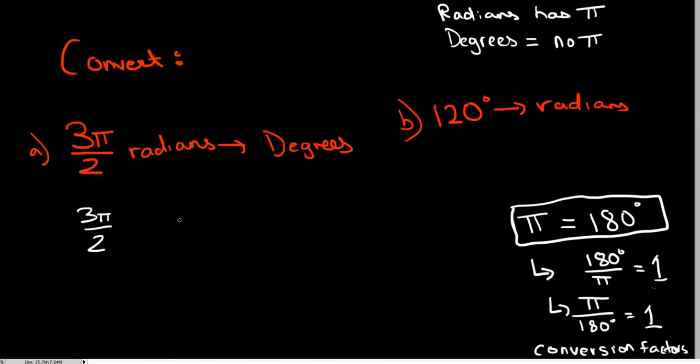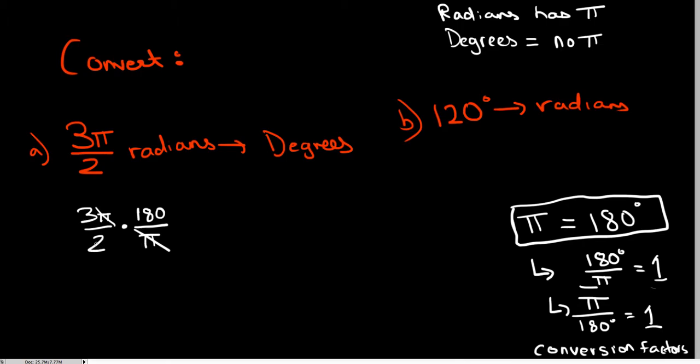Okay. So if we want to cancel out that pi, which conversion factor do you think we should multiply it by? This guy up here, right? So we're going to multiply by 180 over pi. And if you notice, the 2 pi's cancel out because, yeah, math.